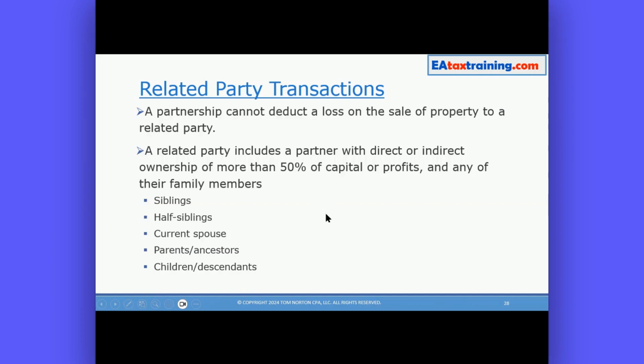So for the exam, just remember direct or indirect ownership of more than 50% and a general idea of what the family members are for those. And again, this is for a loss on the sale of property to a related party. If you had a gain on the sale, you would report that. This is only losses that cannot be taken if the partnership is selling property to a related party.